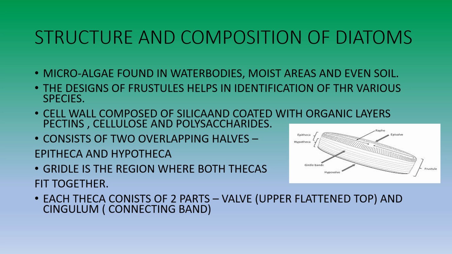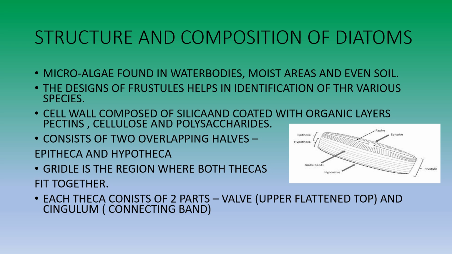The diatoms consist of overlapping halves which cover them, which are known as epitheca and hypotheca. The epitheca and hypotheca meet at a point that is the girdle and they fit together there.